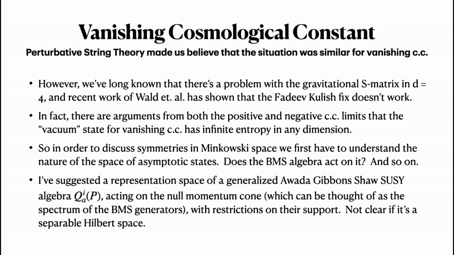Now, perturbative string theory has made us think that there's an S matrix in quantum gravity. And I believed this for a long, long time. But we always knew there was a really serious problem in 4 space-time dimensions, even more serious problem in 3 space-time dimensions.